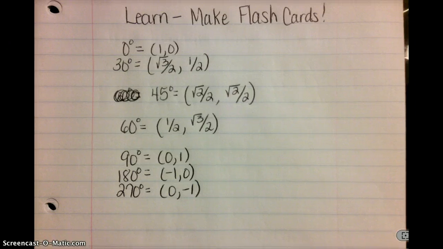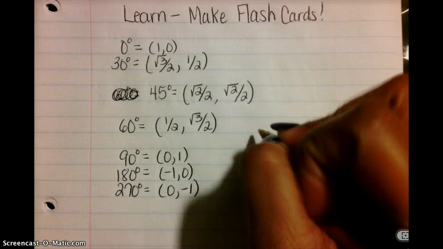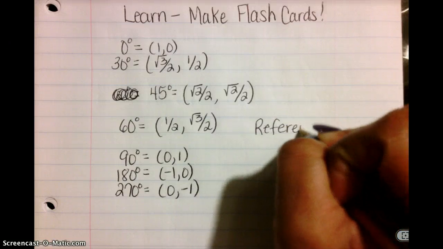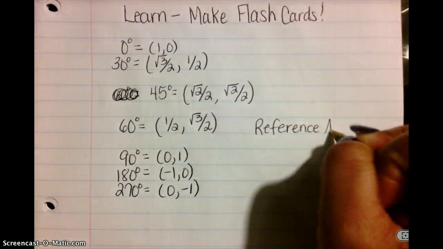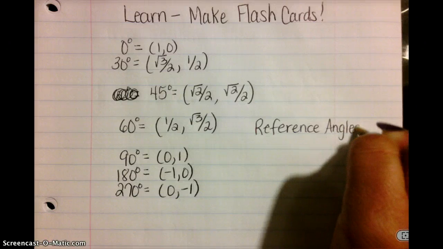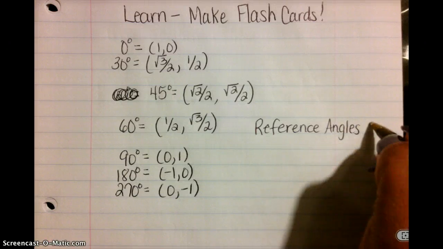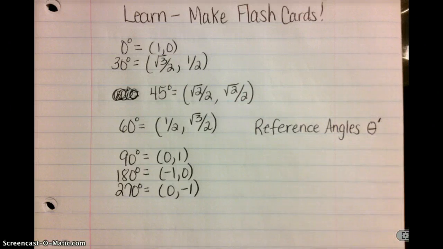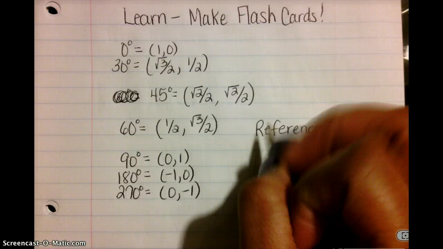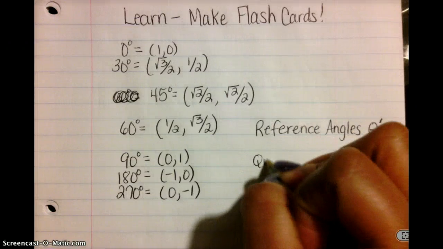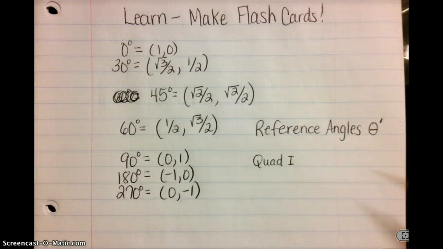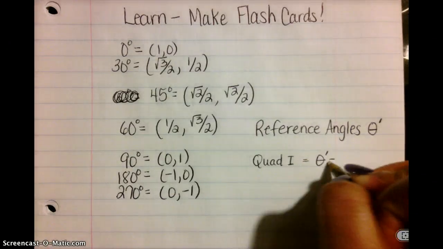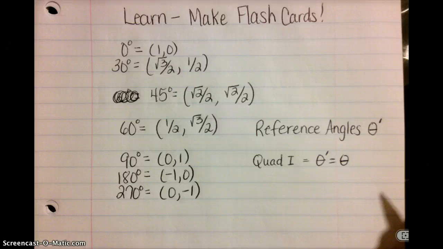So you need to learn this, and we need to remember the rules that we had for our reference angles. Okay, now the notation for reference angle is theta prime. All right, so in quadrant 1, you know there is no rule. Okay, the reference angle is equal to the given angle that falls in quadrant 1.